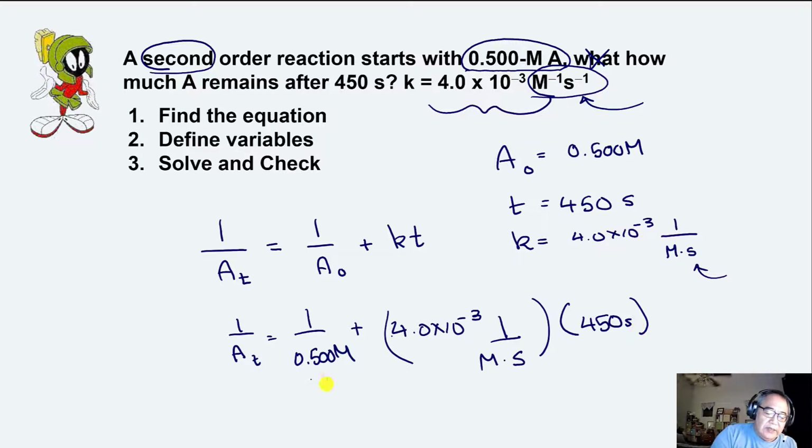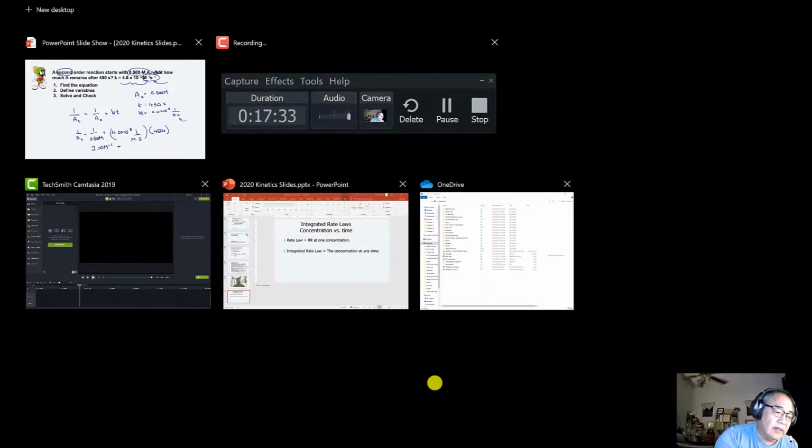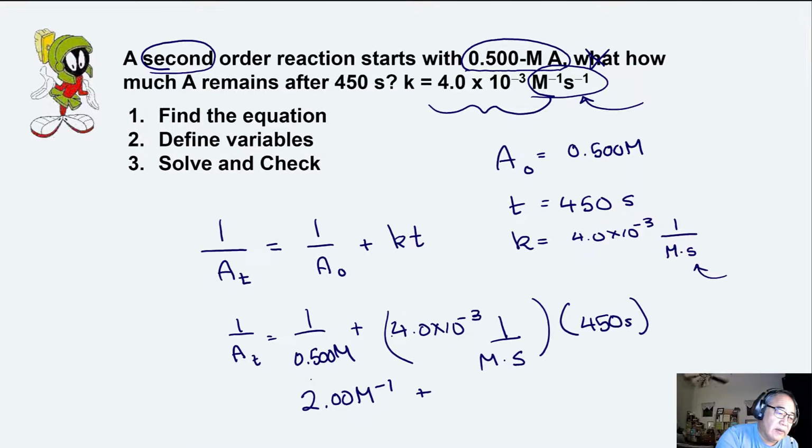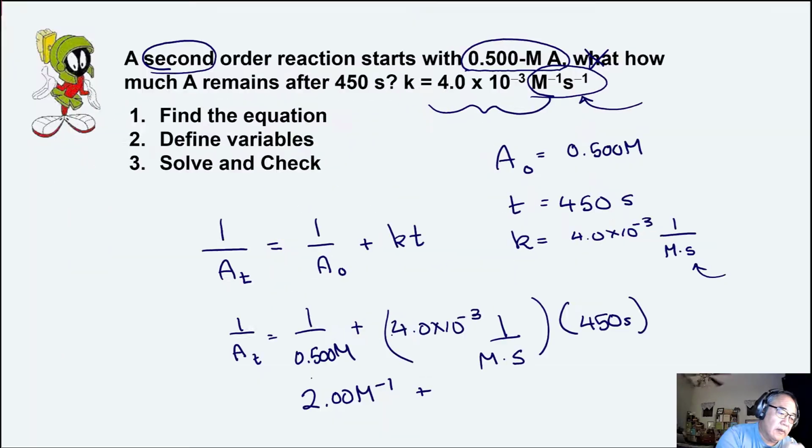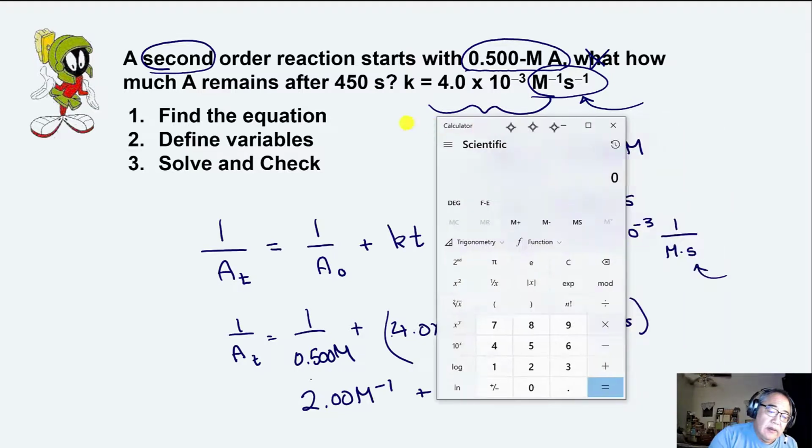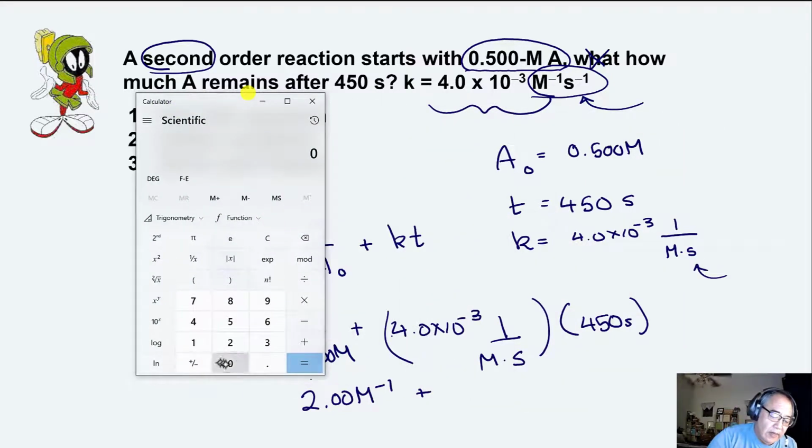Okay, so this is going to become 2.00 molarity to the minus 1, plus, and then I'll pull out my calculator. I think I could probably do that one without a calculator, but I won't risk it. 4 times 10 to the minus 3, times 450. That's 1.8.